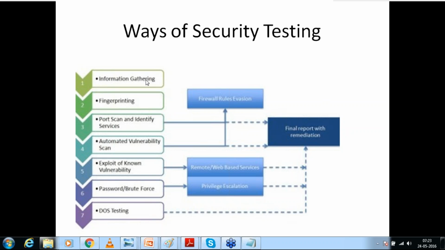So if you take this simple example, Gmail will have a URL, and when you click on that URL, it will ask for your login username and password. Now the username should be at least 10 characters, and it should not take any special characters. In this example itself, you are limiting the combinations because it is not taking any special characters.